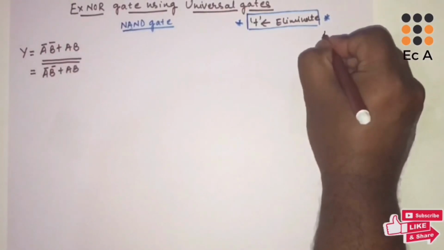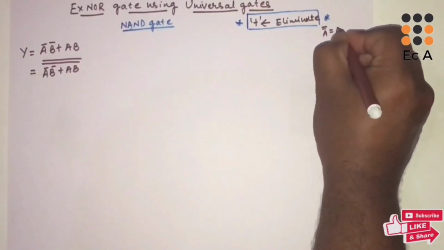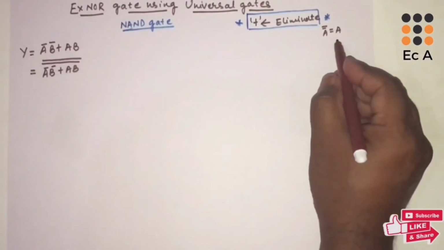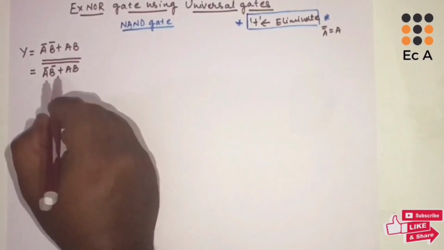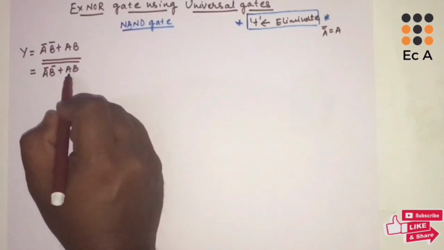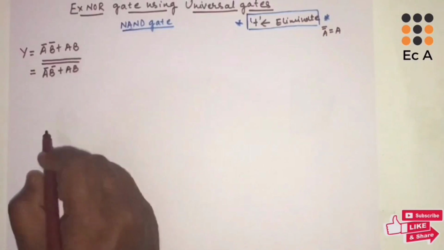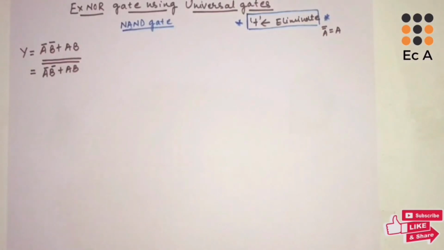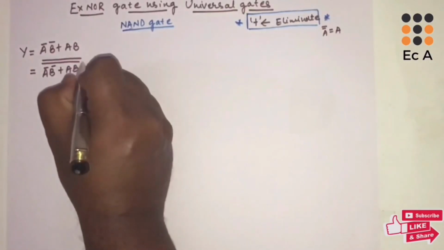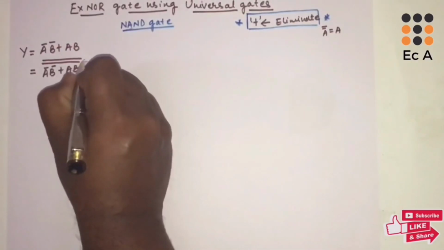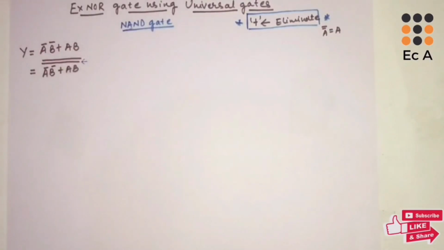We know that A double bar is the same as A. Using the same analysis, A bar B bar plus AB whole double bar is the same as the above expression. So let us simplify only the inner bar and retain the outer bar as it is.